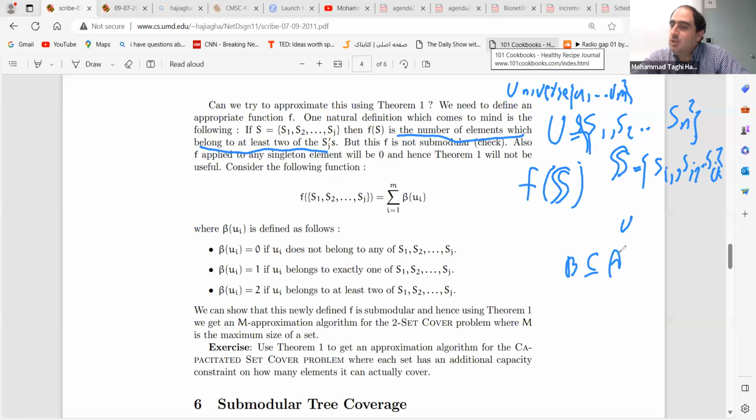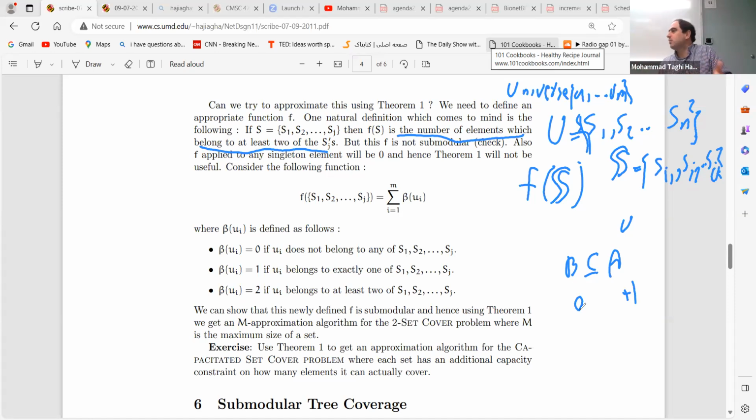Now, if you add U to A, then it is covered twice, so you get +1 here. But if you add it to B, then it is only covered once, so you don't get anything. So submodularity is essentially violated. To a larger set, when I add it, I sometimes get more gain than to a smaller one. Not always, but sometimes. So this is not a submodular function.